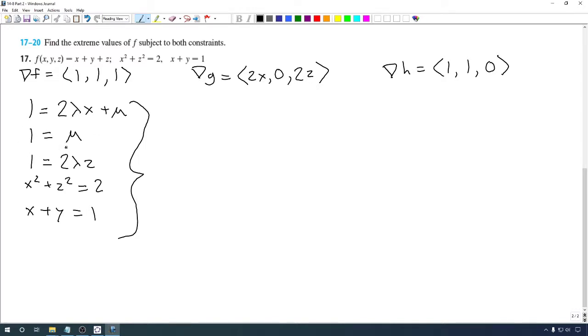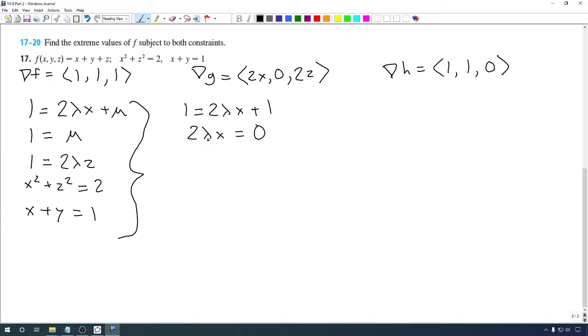Mu has to equal 1. That's guaranteed already. In fact, we can modify our first equation here by plugging in 1, and then just canceling out the 1's from both sides. We actually have 2 lambda x is equal to 0. So we've actually already reduced it down to a system of 4 equations with 4 variables.